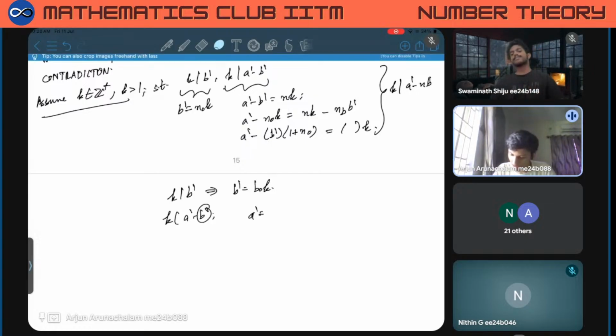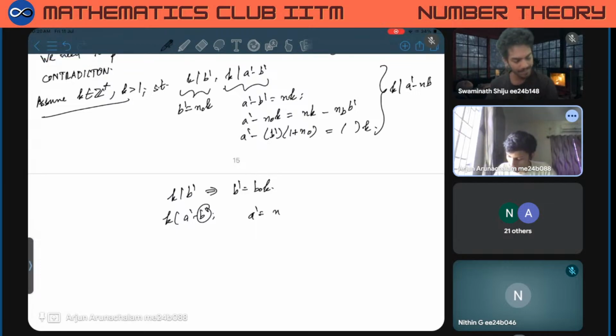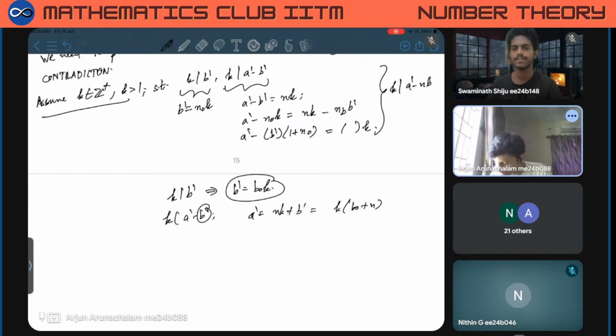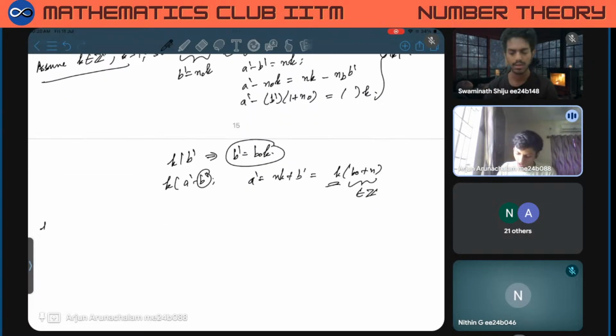So you basically can write a dash is equal to some nk plus b dash, and you know this thing, right? So a dash becomes k times b naught plus n, where this is now an integer. And so note that k divides a dash and k divides b dash, right?